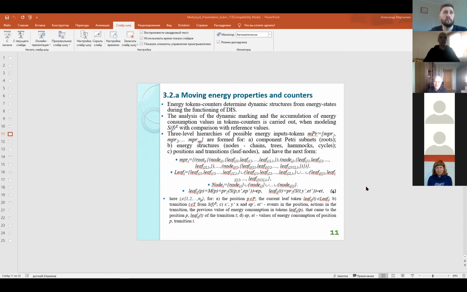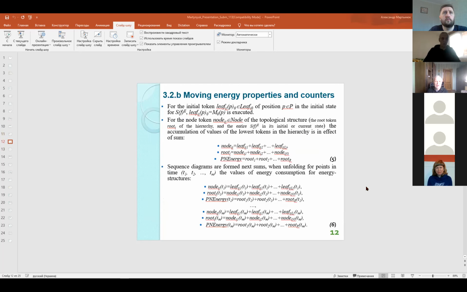The analysis of dynamic marking and accumulation of energy consumption values in token counters is carried out when modeling battery nets with comparison with a reference value. Three-level hierarchies of possible energy input tokens are formed for, first, the component battery subnet, second, energy structures, and third, positions and transitions.